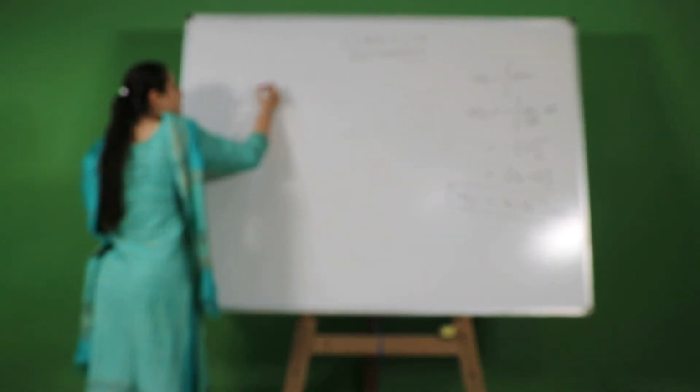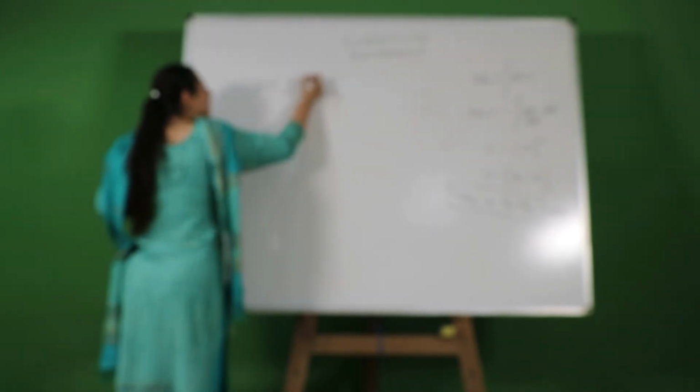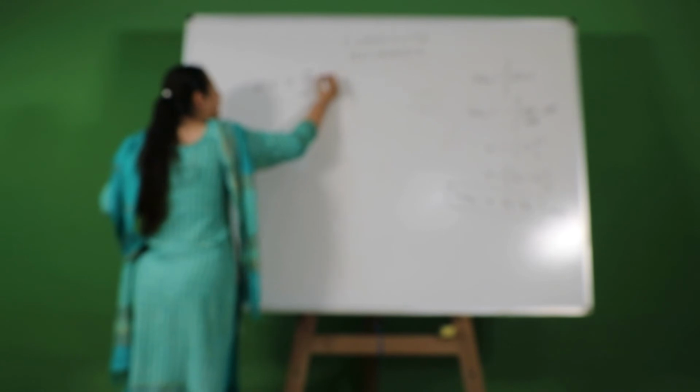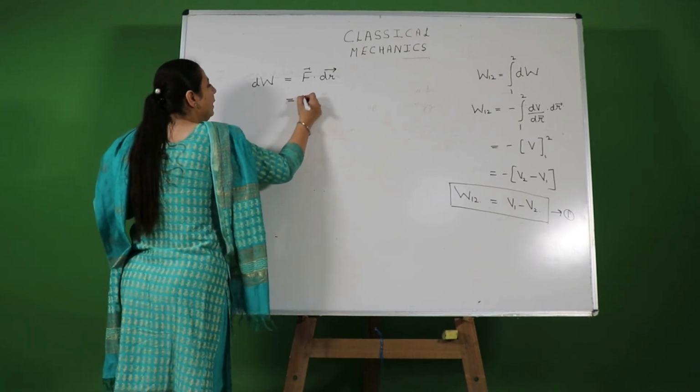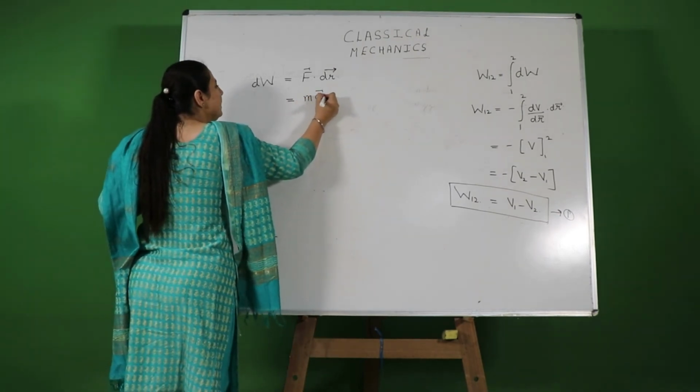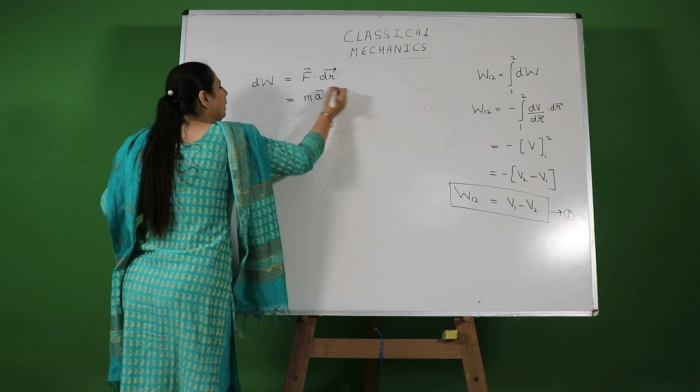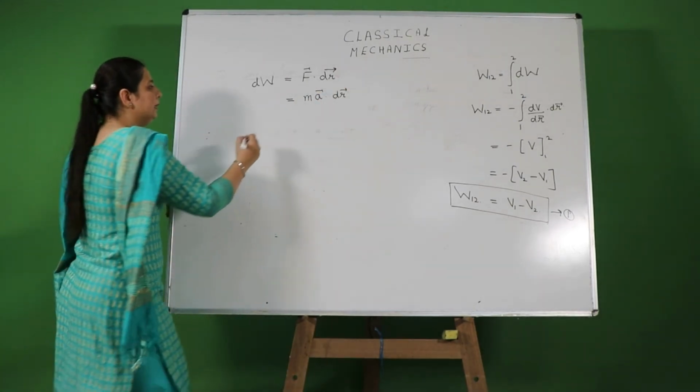Again we will take work done, dW. This work done will be equal to force into displacement dr. Okay. Now we know what force is. Force is nothing but mass into acceleration. What is acceleration?